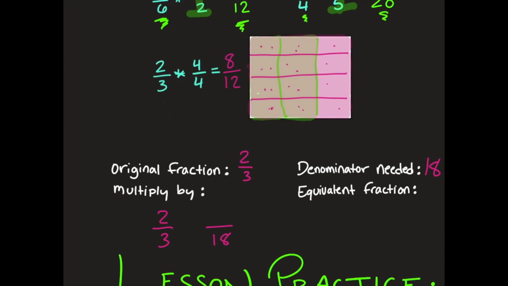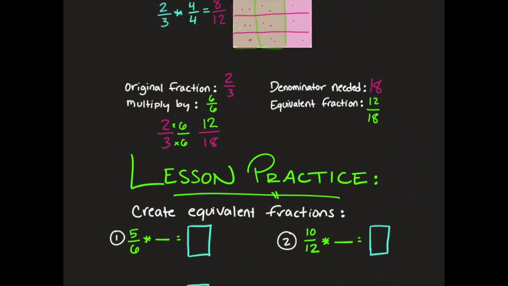And I multiplied by 6. So what I'm really doing here, when I multiply the bottom by 6, I'm also multiplying the top. We know how that works from previous videos. 2 times 6, that equals 12. So what did I multiply by? My form of 1 was 6/6. My equivalent fraction ends up becoming 12/18. So just so you can see. So that's kind of like working backwards. It's almost like a challenge problem here.